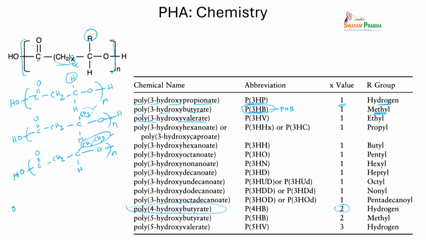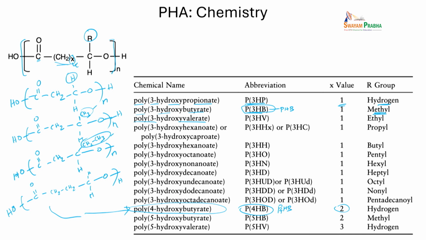So here you have 2 repeating units of CH2 CH2. This is called P4HB.